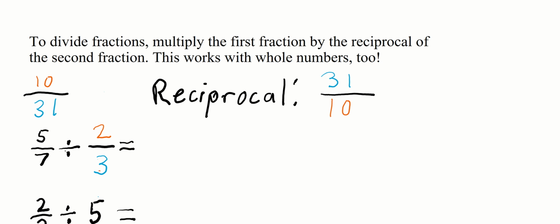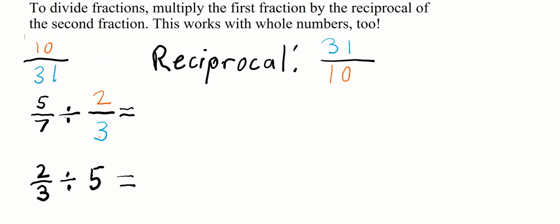Let's solve these division problems. So we have 5/7 divided by 2/3. Let's write this out as the multiplication problem that this will become. 5/7 times the reciprocal of 2/3.